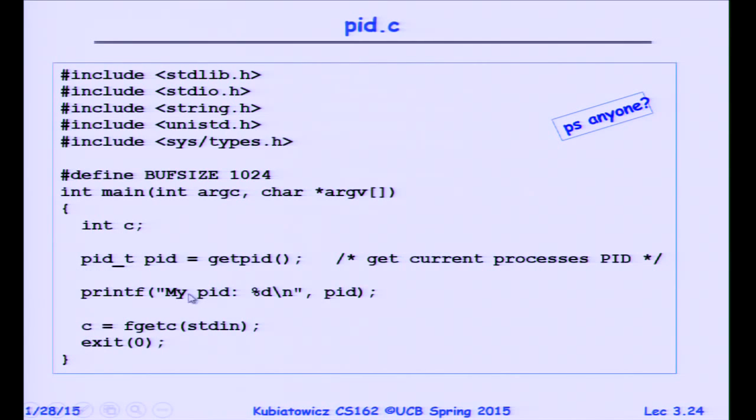So this prints the PID and waits until you press a key. Good question. Yes? Same thing. You can just return a 0, you kind of do the same thing. But exit is a nice way to make it clear what the return code is.